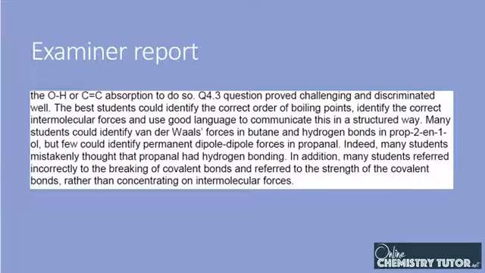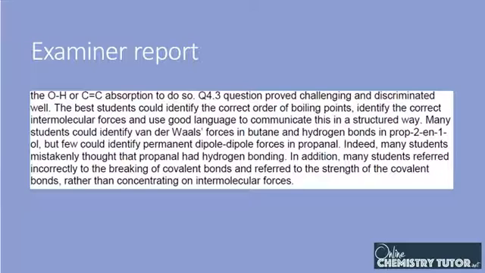Okay, so just to conclude then, one last thing to consider. This is what the examiner said. Question 4.3 proved challenging and discriminated well. That's good news for an examiner. Examiners, the people who set these questions, want to differentiate between students to see who deserves the A grade and who deserves the B grade. And this question did that very well.